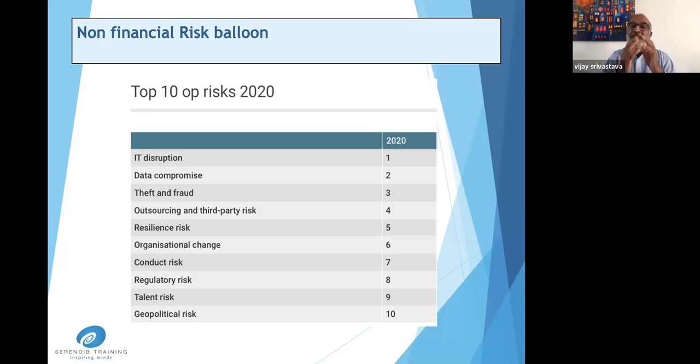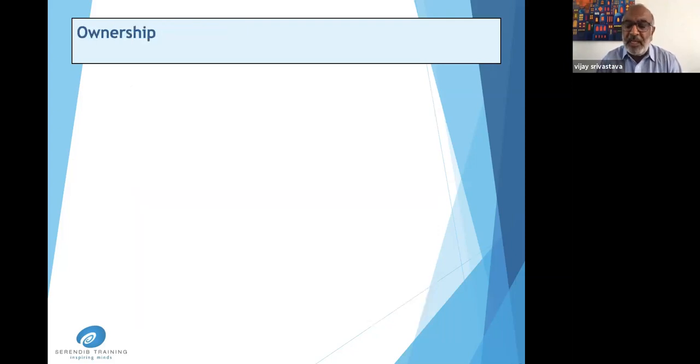So you have operational risk, which used to be a limited world, but suddenly this huge thing of non-financial risk is so large. The question is quite simple. So who's in charge? Where does the ownership lie?